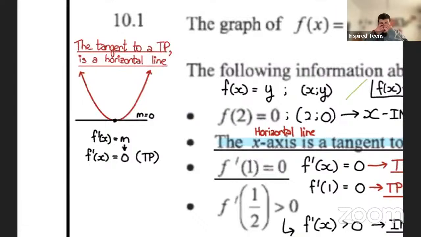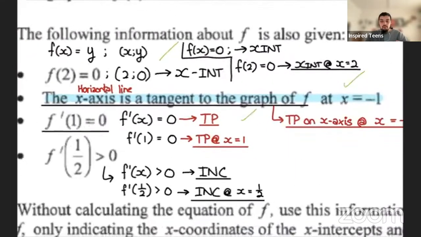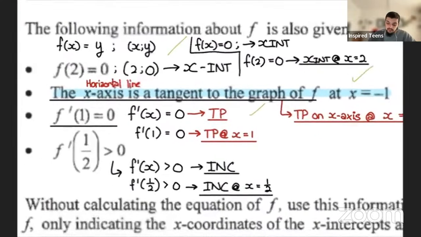Okay, so in order for the x-axis to be a tangent to the graph at a certain coordinate, there has to be a turning point at that same coordinate. Okay, the reason for that is the x-axis is a horizontal line.